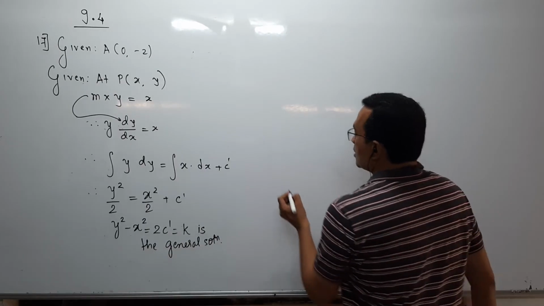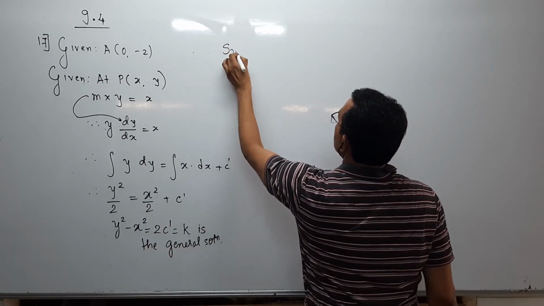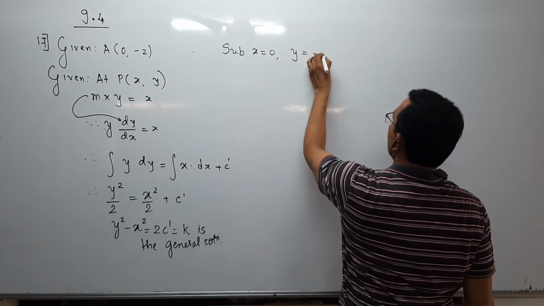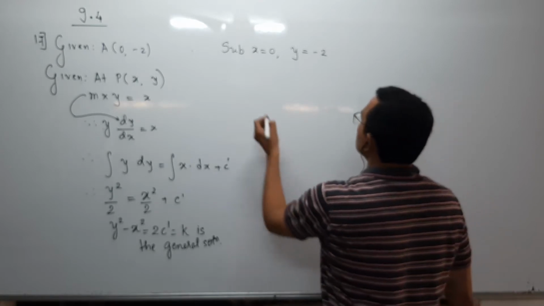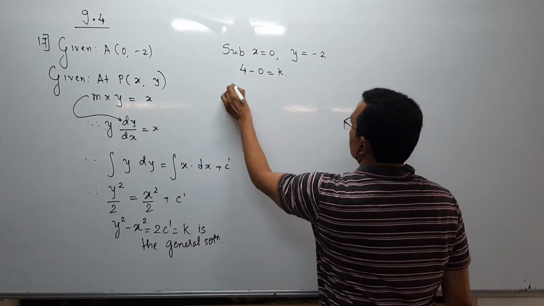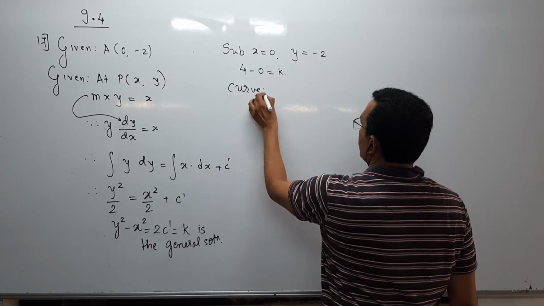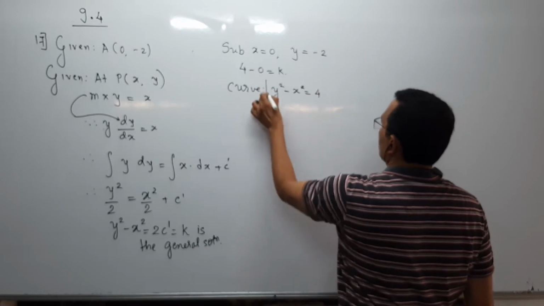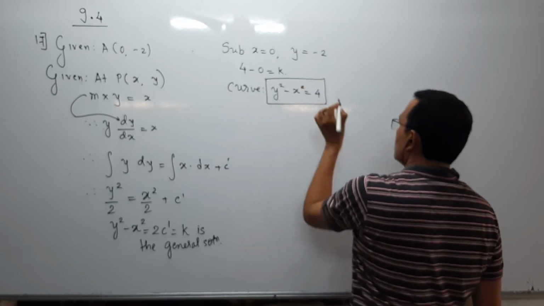Now, substituting x is equal to 0 and y is equal to minus 2, we get 4 minus 0 is equal to k. So, the required curve will be y square minus x square is equal to 4, which is a hyperbola.